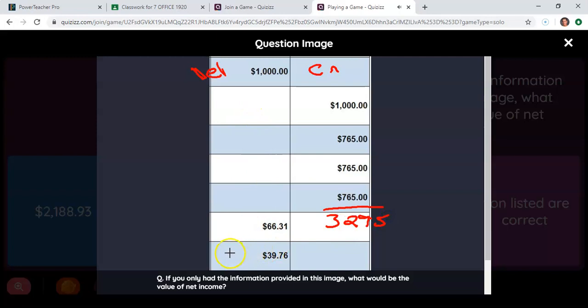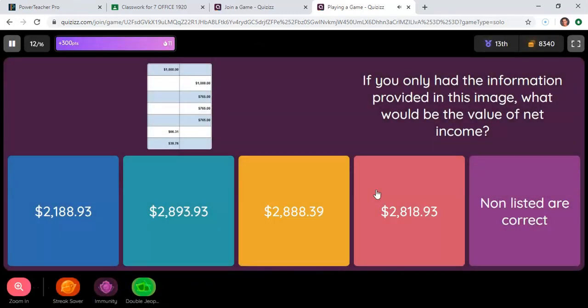And then these expenses should total $1,106.07. And if we subtract those, that should be $21.88.93. Let's see if we have that in there. That one. That would be the value of net income.